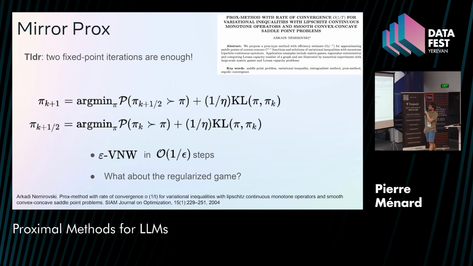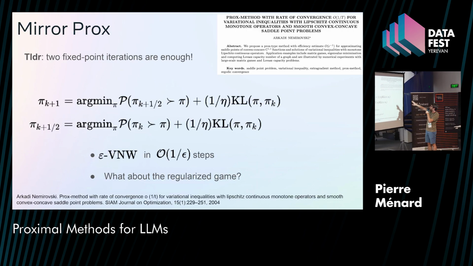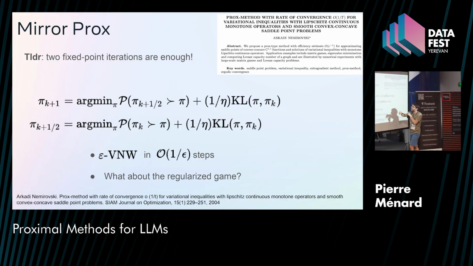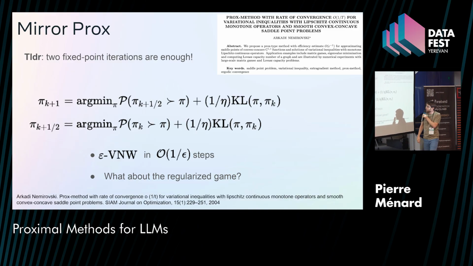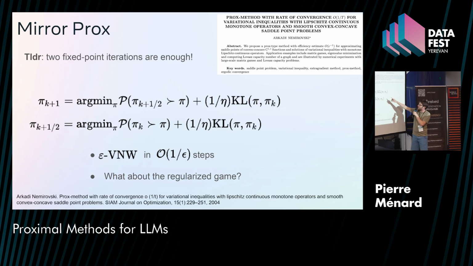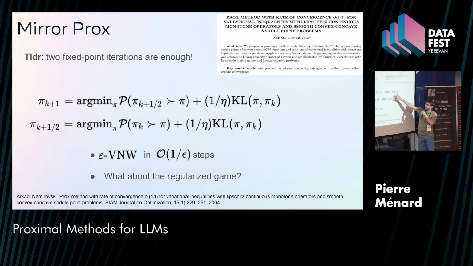From a recent paper of Nemirovski, actually you only need 2 steps, and what you get is the Mirror Prox algorithm. If you look here, it's basically doing 2 steps of fixed point iteration.